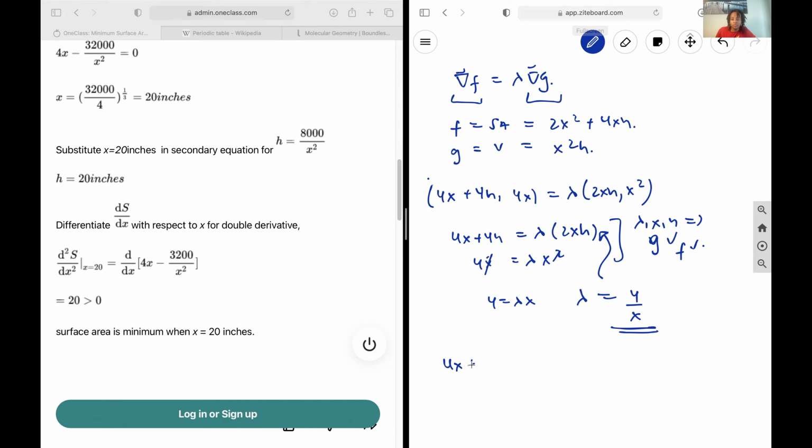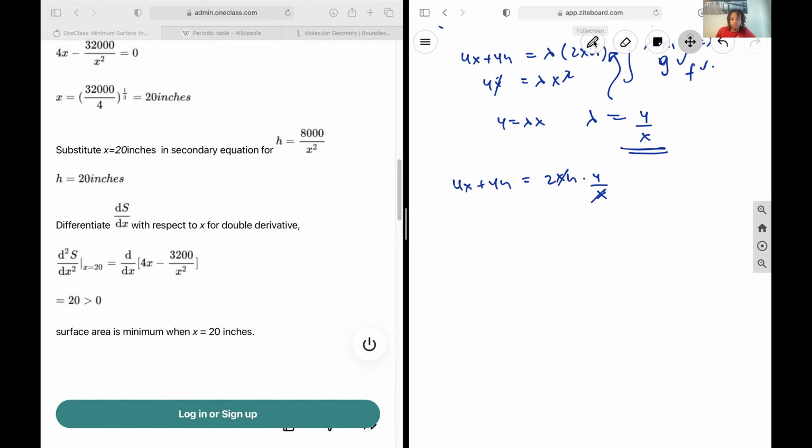So you can get 4x plus 4h is equal to 2xh multiplied by 4 over x. That will mean 4x plus 4h is equal to 8h. Bring this over and we get 4x is equal to 8h minus 4h. And so you get 4x is equal to 4h, hence h is equal to x.